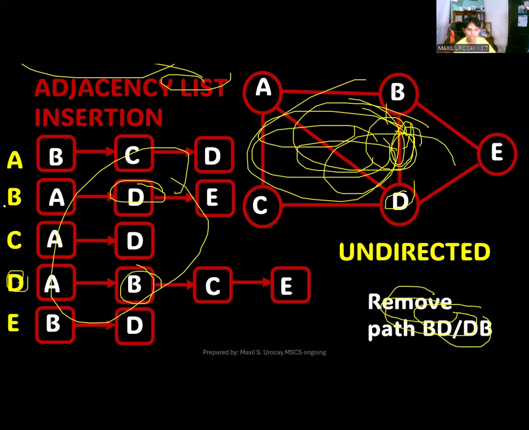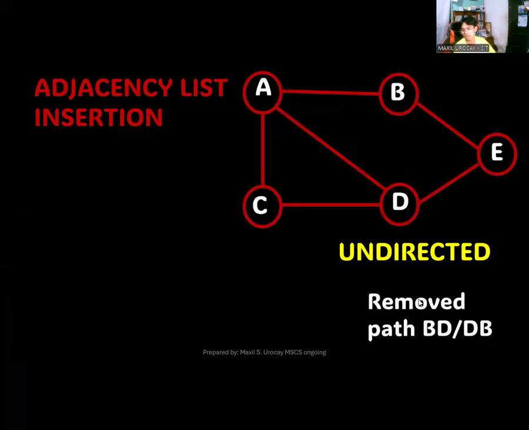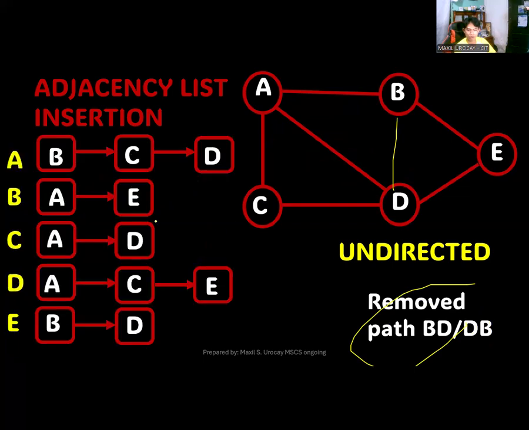So the adjacency of B will become AE, and the adjacency of D will become ACE. Let's check that. You already removed the path of BD and DB here, and your adjacency list will be updated as I mentioned earlier: AE, removing the D, and in your D, you remove the B and it becomes ACE.